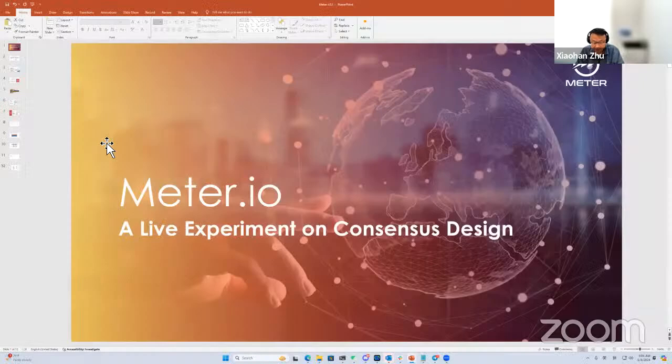So let me start from the very high level. Basically, we see Meter as an experiment on consensus design, starting from the root of the blockchain.